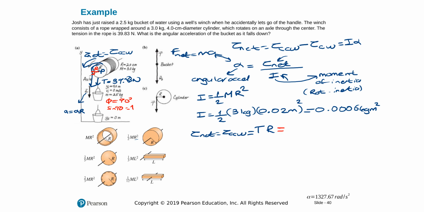Tension is given. So tau net then is equal to tension 39.83 Newton times the radius, which in meters is 0.02, not 0.002, 0.02 meters.